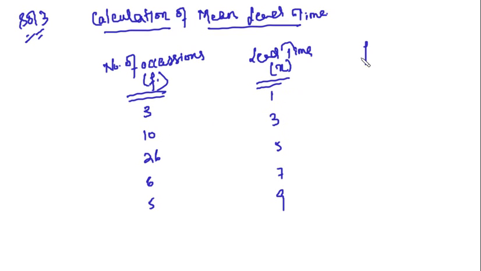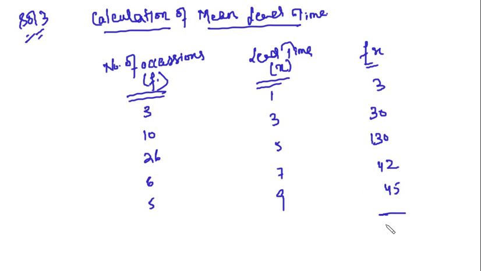So how much is the total? We will multiply this: 3, 30, 130, 42 and 45. Simple statistics that you are going to study in portfolio management also. Sorry, that is at final level. That is at final level you will study portfolio management, right? FX, number of occasions into lead time.